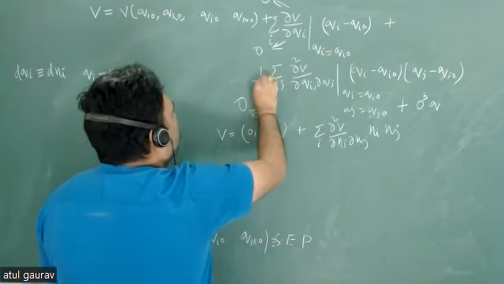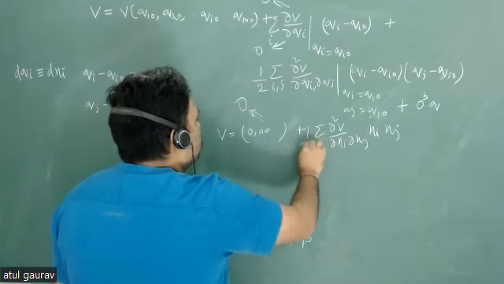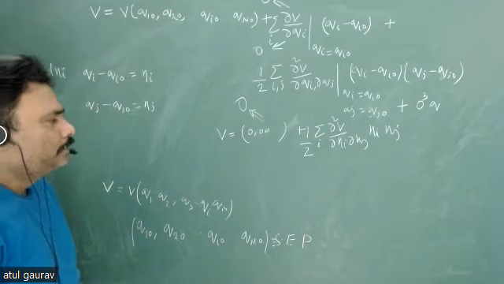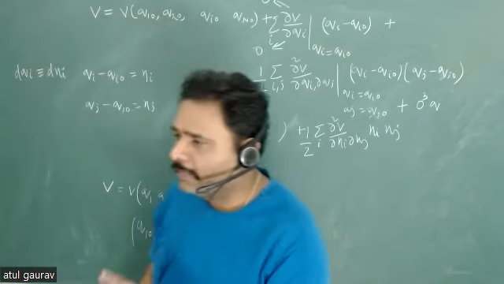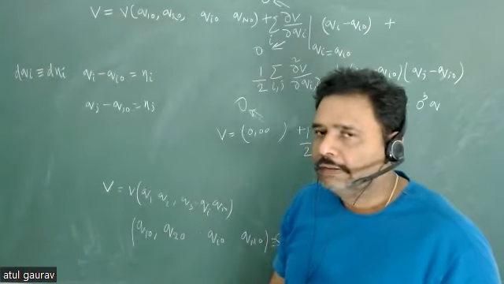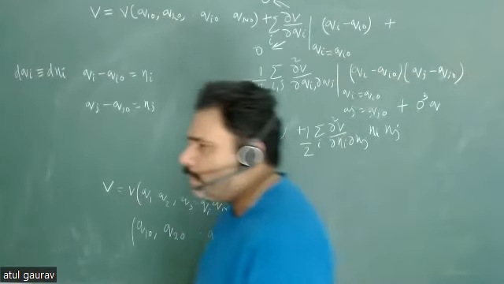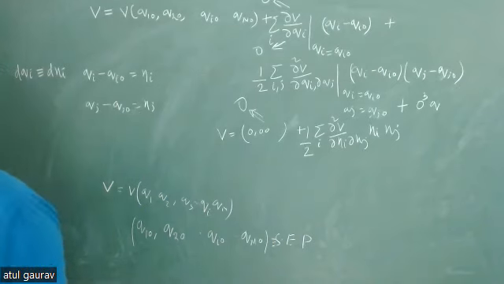Sorry, half will also be there, na? Half will also be there. Last में half किया था कि नहीं? Last जब टेलर expansion किया था तो? हाँ, sir. Yes, sir. Okay, good. So half will also be there. Factorial 2 is actually, no? Yes, sir. Okay.